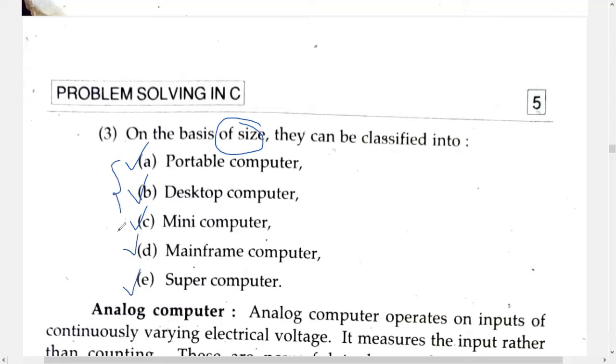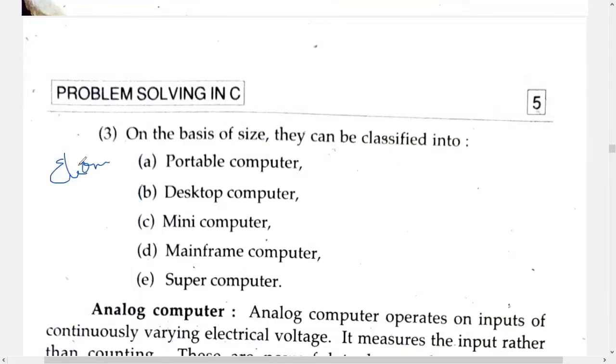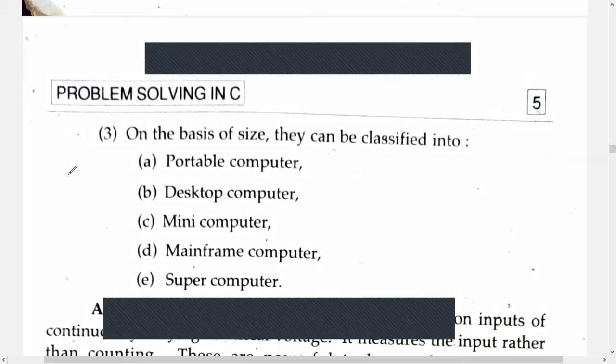These are classified in more detail. However, these three are one category and these two are another category. So it is based on electronics and operating principle, based on purpose, and based on size. So let us see the base categories. We have the classification.